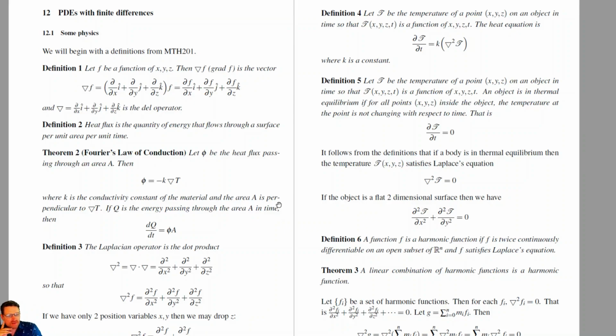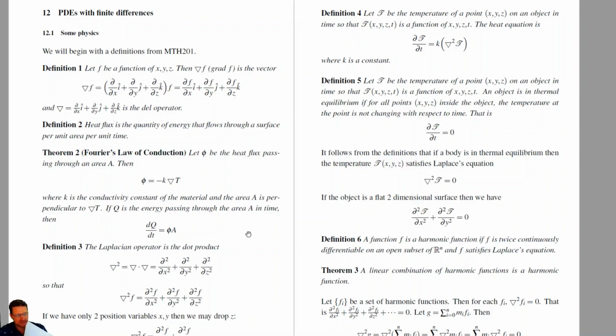Now, Fourier's law of conduction says that if phi is the heat flux passing through an area A, then that heat flux is proportional to the gradient vector of T. So, in other words, minus k grad of T, where k is the conductivity constant of the material and A is the area perpendicular to grad T. So grad T, remember, is a vector. So if I had a surface that heat was passing through, then grad T would be perpendicular to that.